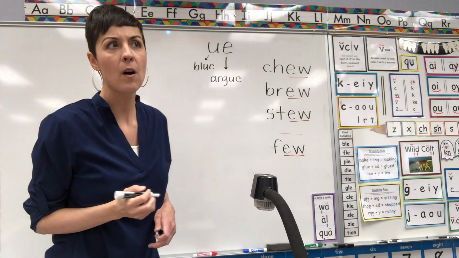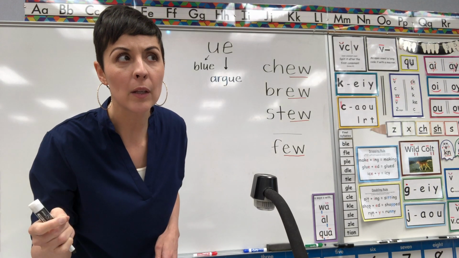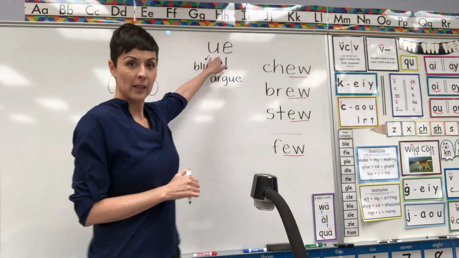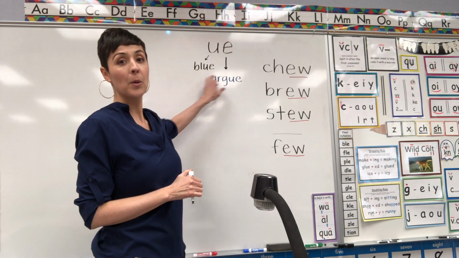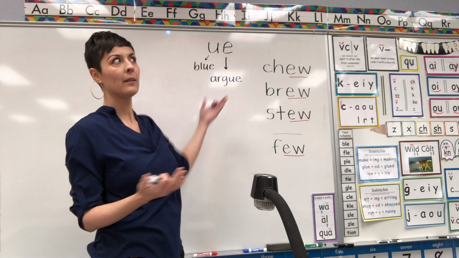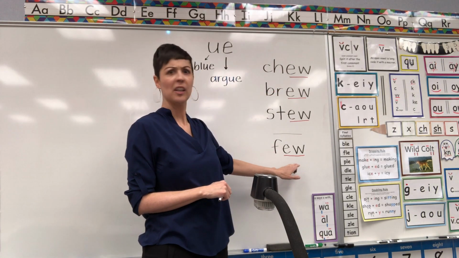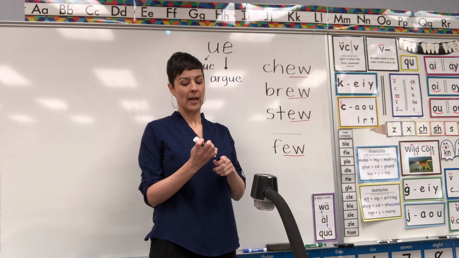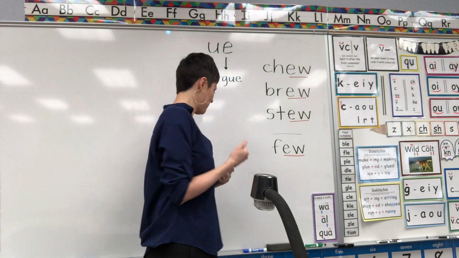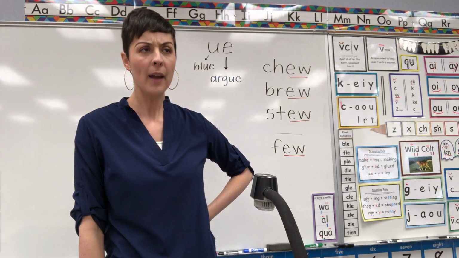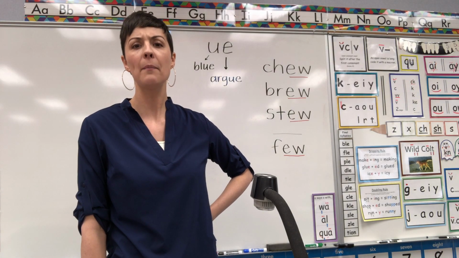And I said, oh, argue, you. I think you're right. Digraph UE can say ooh, ooh, ooh, you. Just like EW can say ooh, ooh, ooh, you. And he said, so Miss Smith, that's why I think EW should get in trouble. I think you should put EW in a timeout.